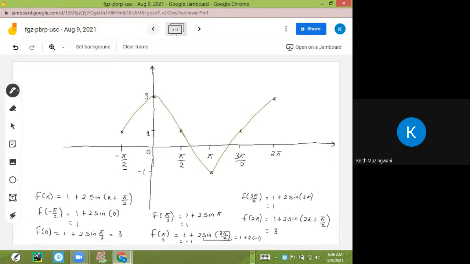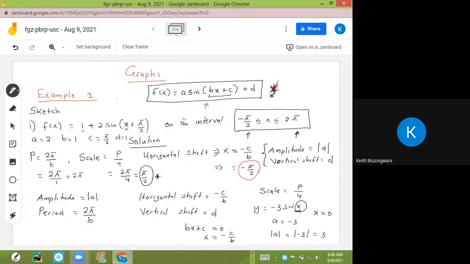If this very question was asked in the form f of x is equal to 1 plus 2 cosec x plus pi over 2, the same question, where there is sine there, we had cosec. The working was going to be the same as what we have done here.